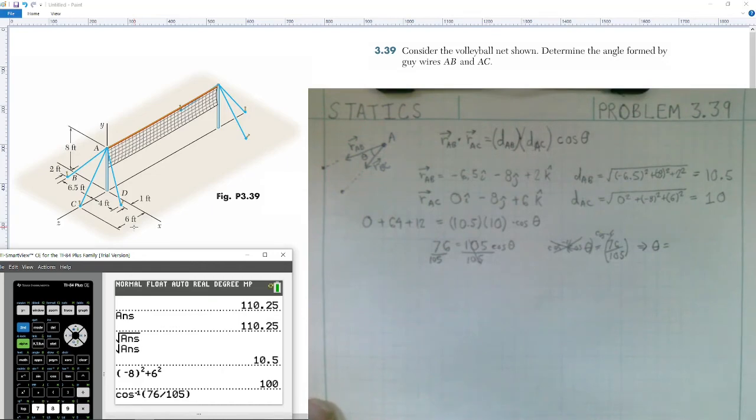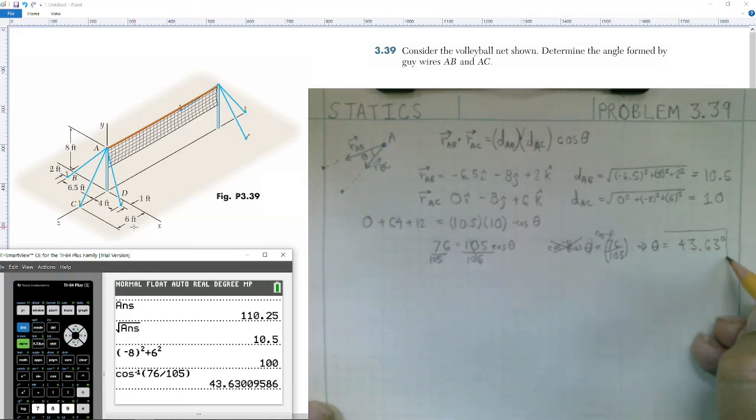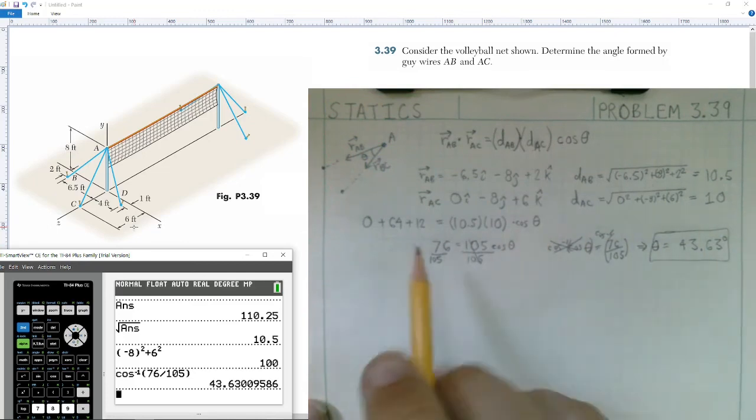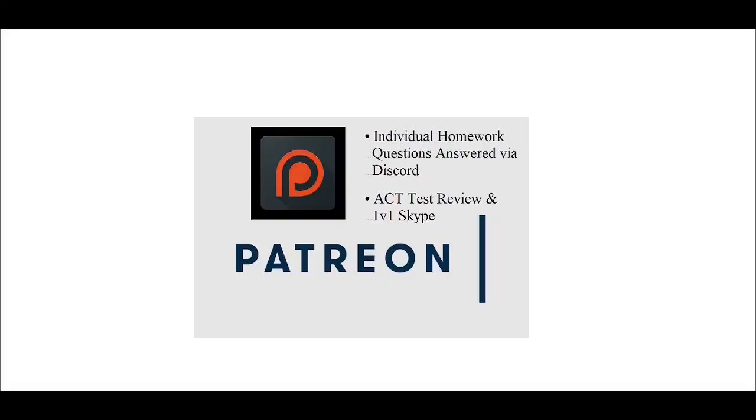So the answer is equal to 43.63 degrees. That's our angle between the guide wires AB and AC, as shown in the diagram here. This angle right here between AB and AC is 43.6 degrees.